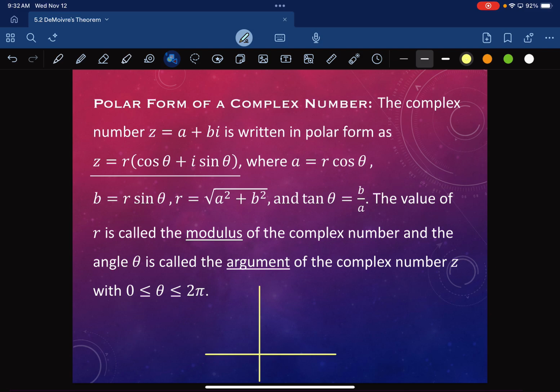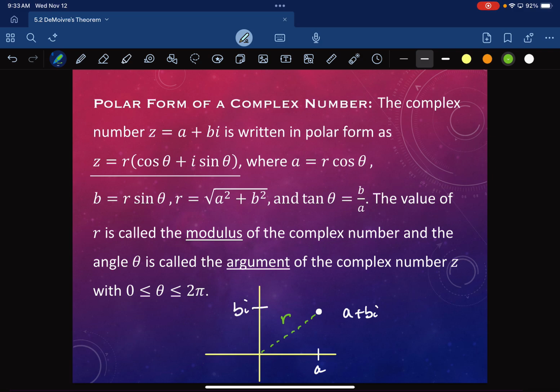We're going to draw where a plus bi is in the coordinate plane. So this is where we said was a plus bi, correct? Everybody true, good so far? Okay. So this length right here is r. That's what it's defined to be, r. Think about it like the radius of a circle, right?